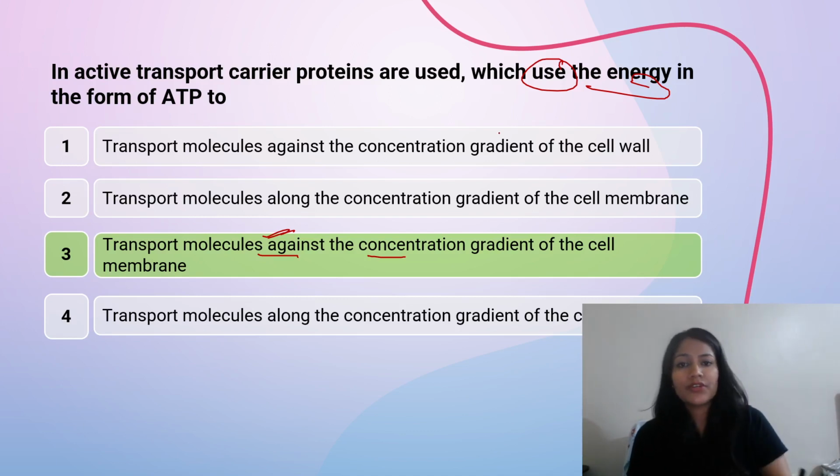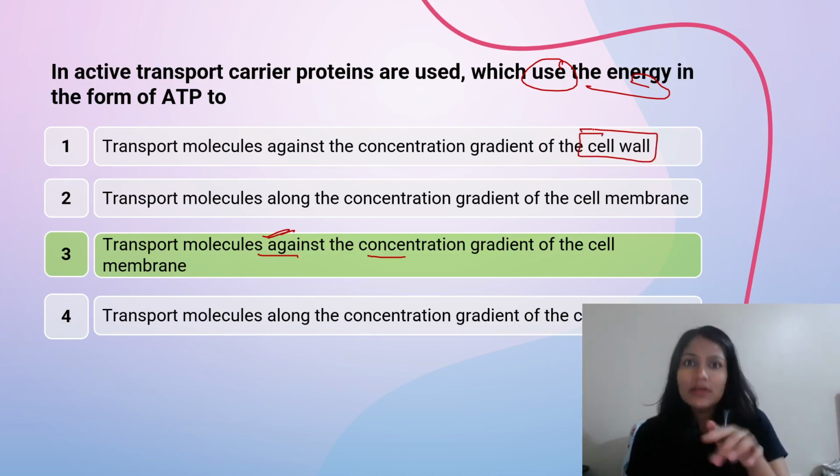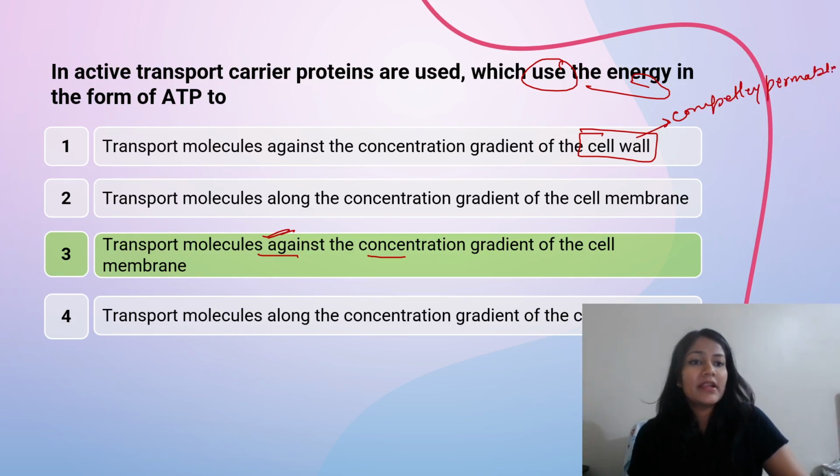Okay, for the first one, it's cell wall, right? It's not cell wall, it's cell membrane. Cell wall is completely permeable. Completely permeable means, kids, that it allows the free movement of molecules, right? She is like a carefree person.